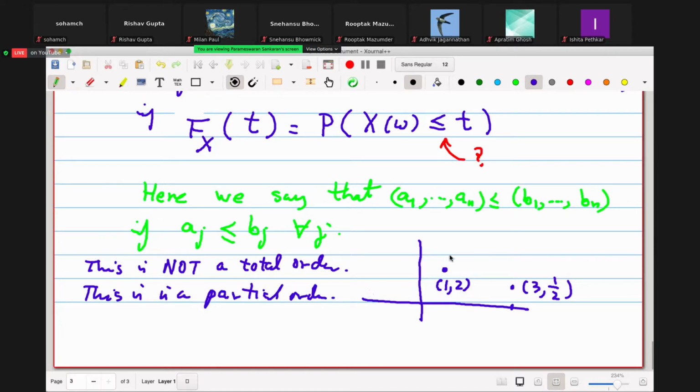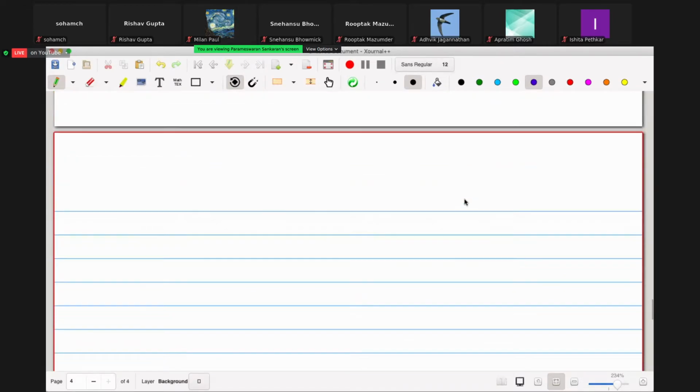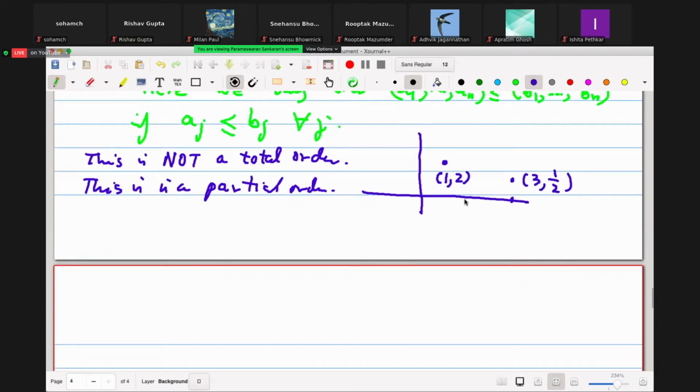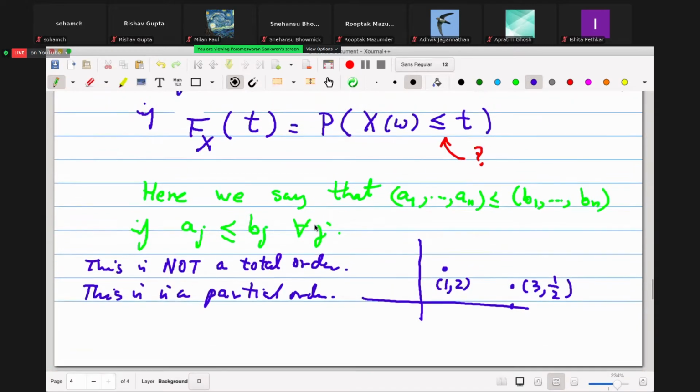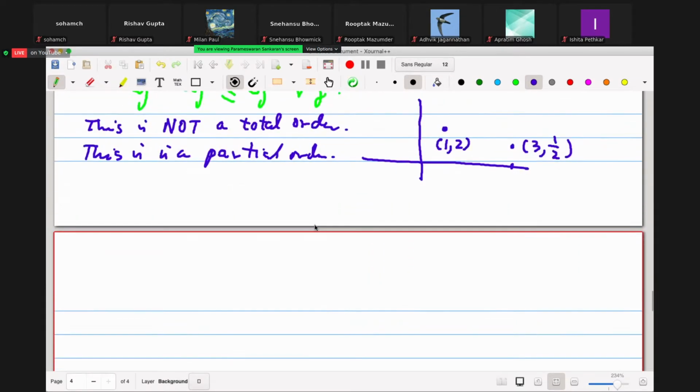Okay. So I want to write it in a different way also. Let me just keep that page. What it means is that I want to rewrite it in a different way. So the set of all omega such that X(omega) is less than or equal to t, let us analyze this.